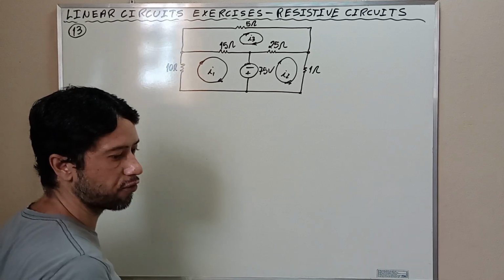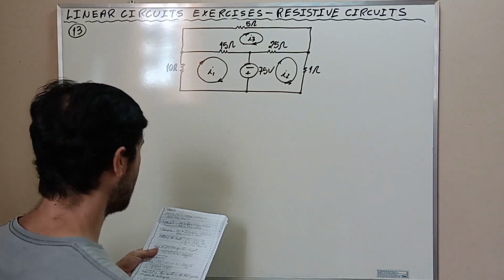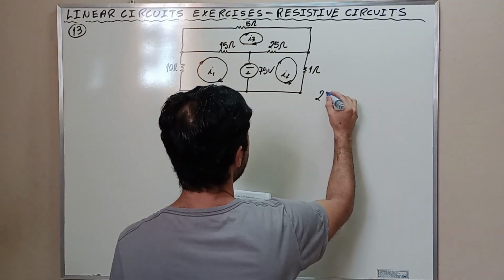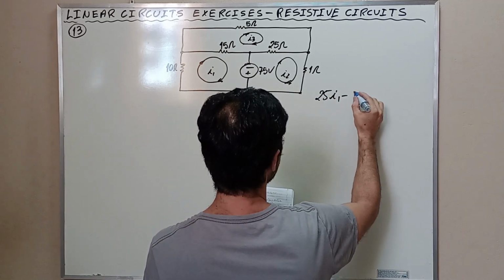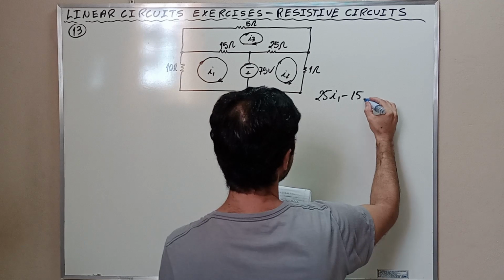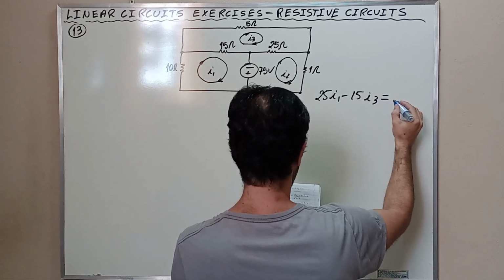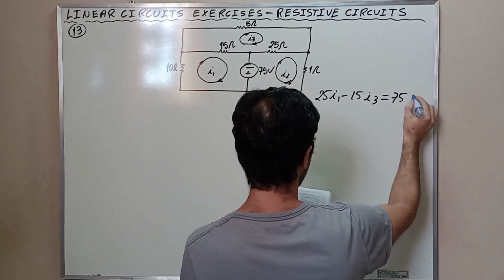equations. Okay, my friends, then we have that it is 25 times I1 minus 15 times I3 equal to 75.